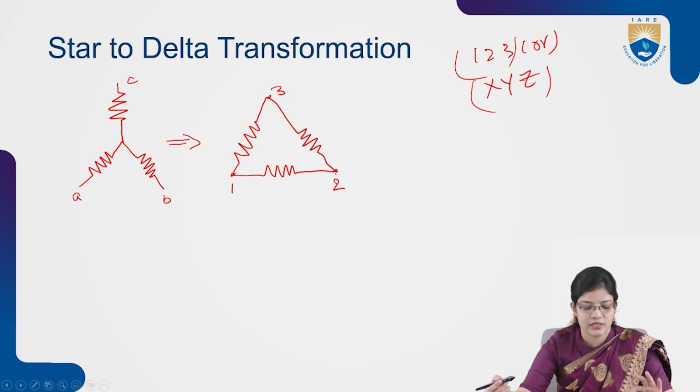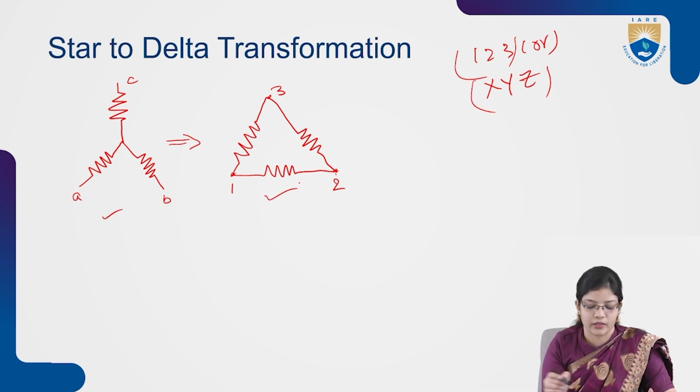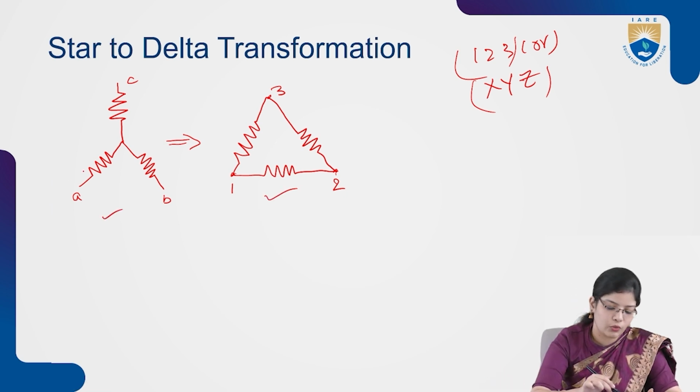So to convert this star network into delta, first we need to draw a dotted line which forms the delta network.